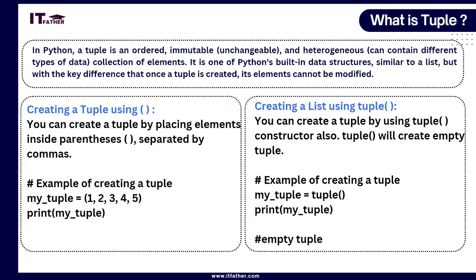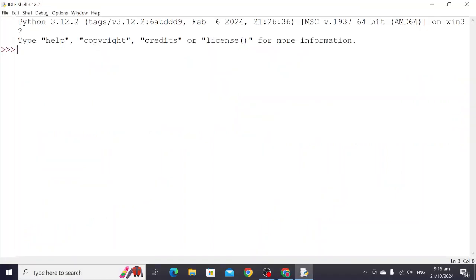Let us see with the help of an example in Python. For example, I am creating a tuple, say my tuple equal to, in parentheses, we store some numbers, and along with numbers some strings also, like name.